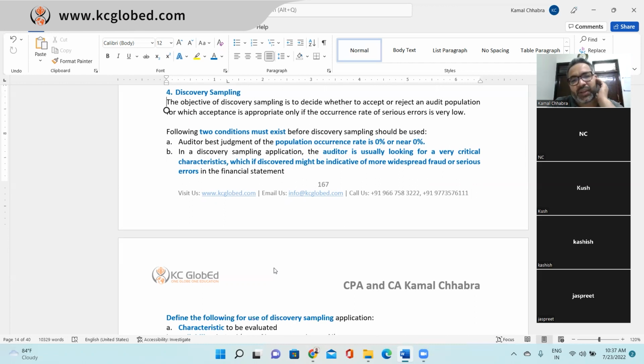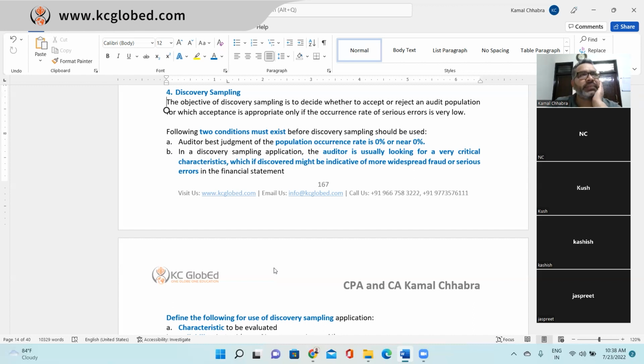In discovery sampling application, the auditor is usually looking for very critical characteristics. It may be like litigations, claims, and assessments, right? In which you'll be critically evaluating the characteristics, which if discovered might be indicative of more widespread fraud or serious error in the financial statement.